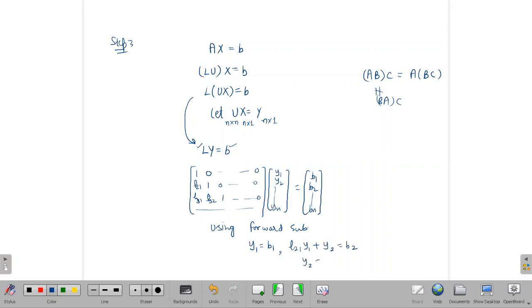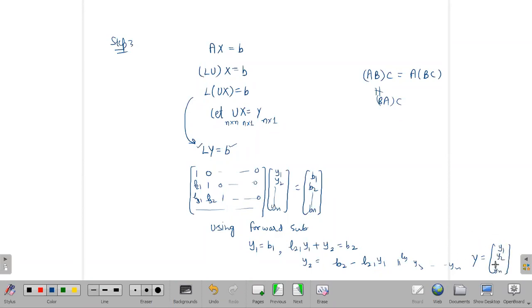So from here, you will get Y2 equal to B2 minus L21 Y1. No need to divide it. Similarly, Y3 and then Yn. So you will get the full vector Y: Y1, Y2 up to Yn.